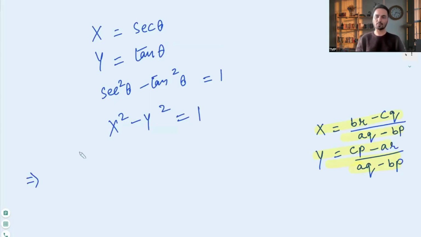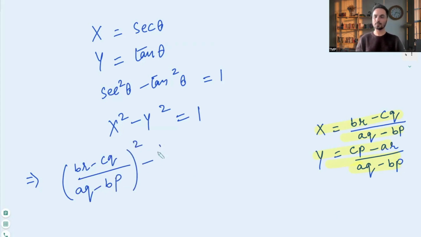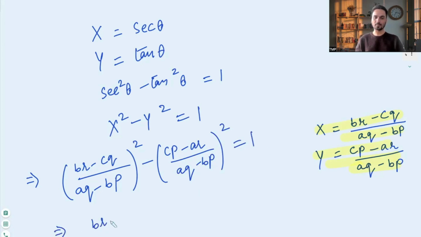So plugging in the values of x and y, we'll get br minus cq over aq minus bp, whole square, minus cp minus ar over aq minus bp, whole square, equals 1, which can also be written as br minus cq whole square minus cp minus ar whole square equals aq minus bp whole square.